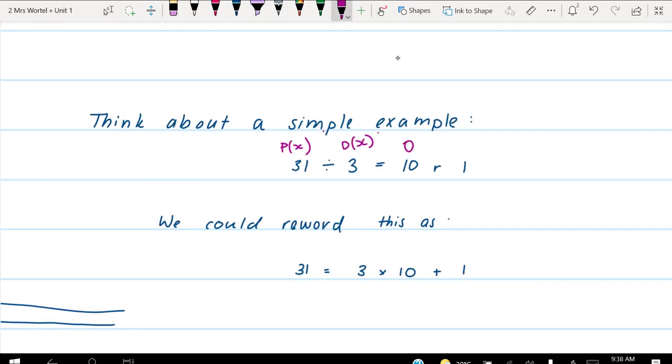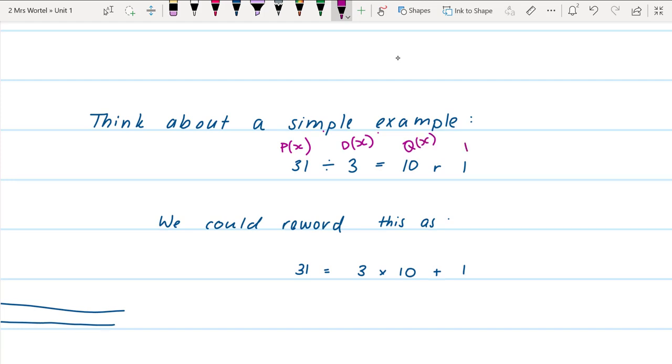So this would be our quotient, and this would be our remainder. And at the moment, they're all polynomials. A remainder can just be a number, or it could be 0. Okay, so we know 31 divided by 3 is equal to 10 remainder 1, and they're all the little technical symbols we can use for those parts of the equation.